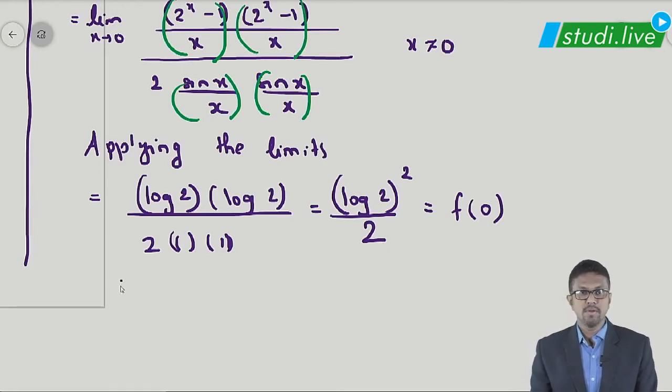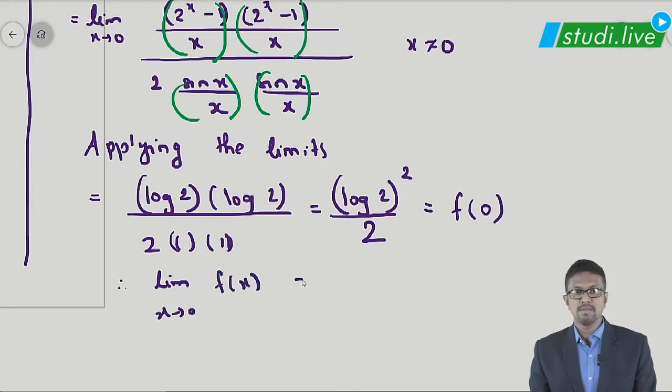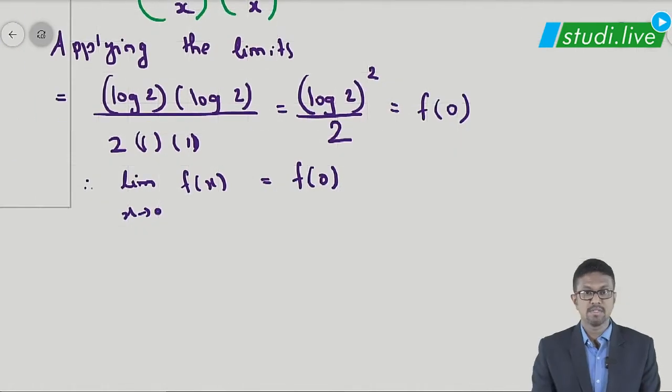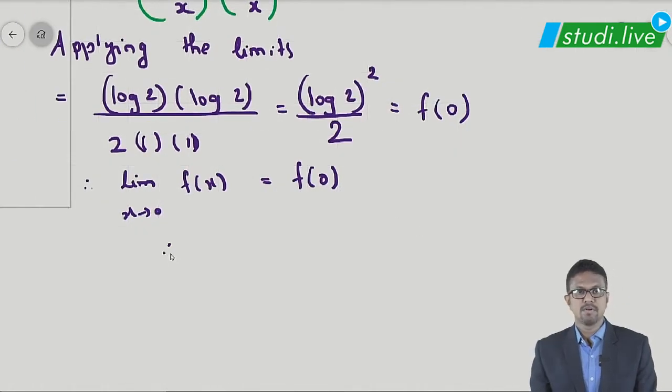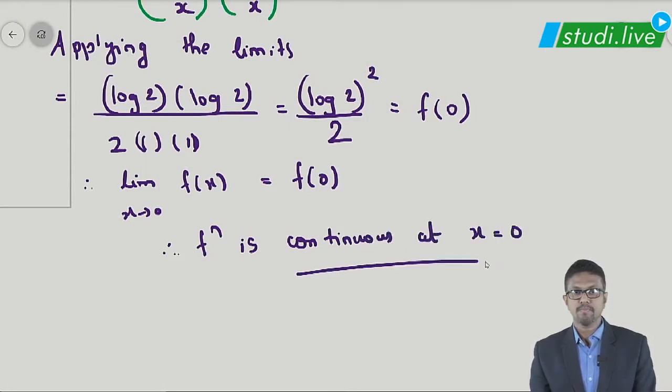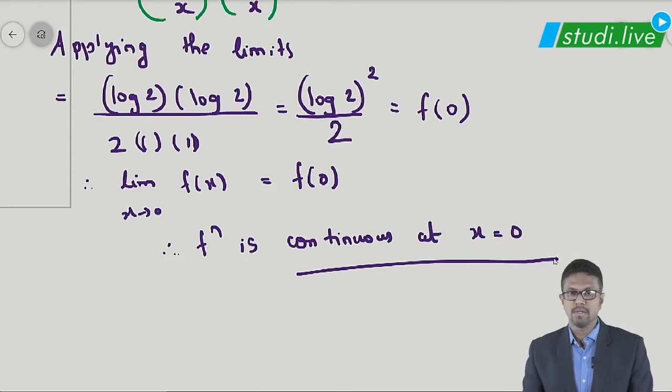So I can say therefore the limit x tends to 0 f of x is equal to the function value at x equal to 0. So I can say therefore the function is continuous at x equal to 0. So this is the required answer.